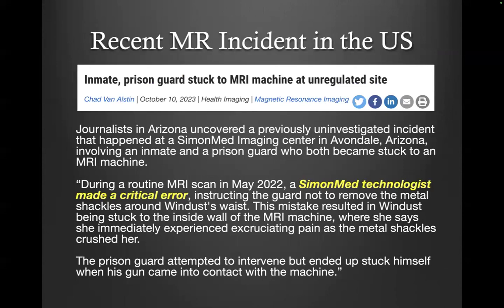And in MRI, there has also been a recent big accident: an inmate and prison guard stuck to an MRI machine at an unregulated site. A technologist made a critical error and did not ask the person to remove the shackles around his waist. Imagine this big piece of metal flying to the magnet and sucking the patient in as well.